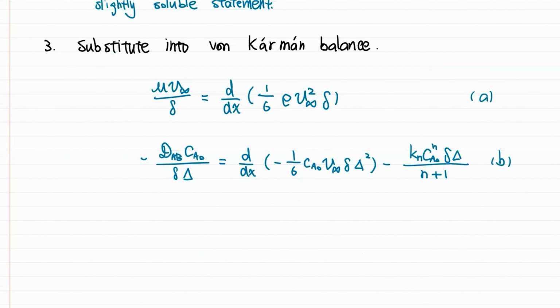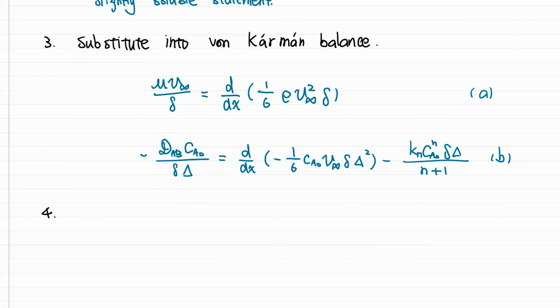So next, step 4. From equation A, we can basically solve the first order ODE. So from A, we know that delta, the velocity boundary layer, equals the square root of 12 times the kinematic viscosity times x over v infinity.